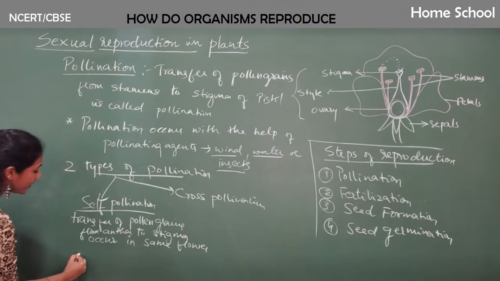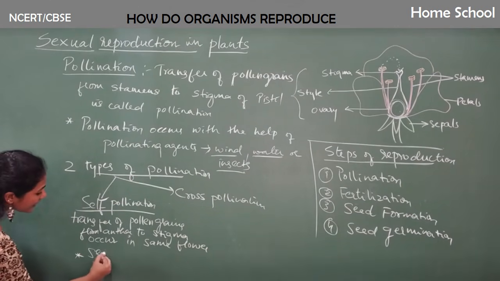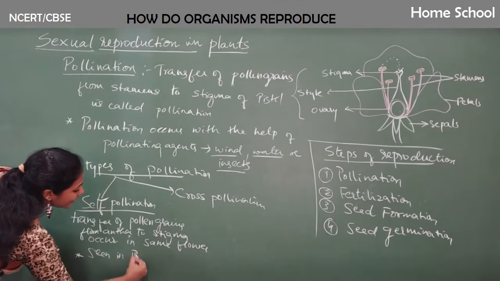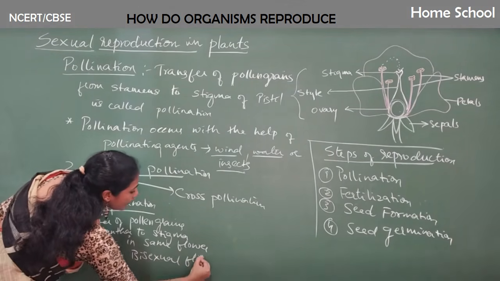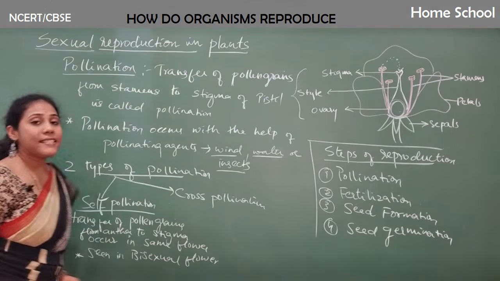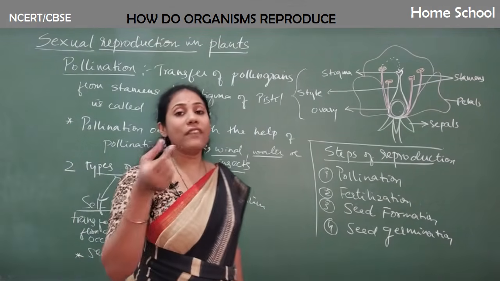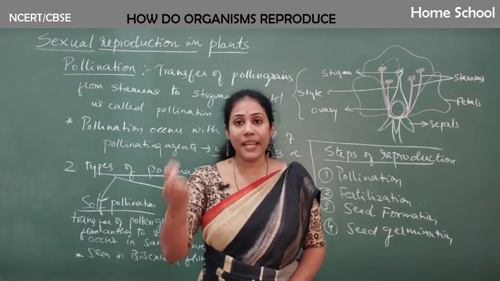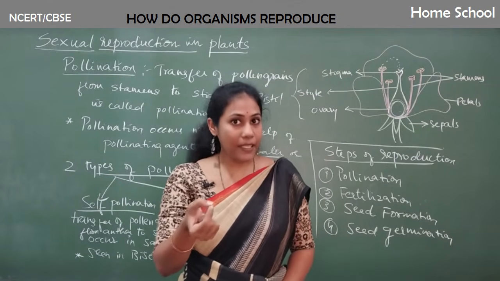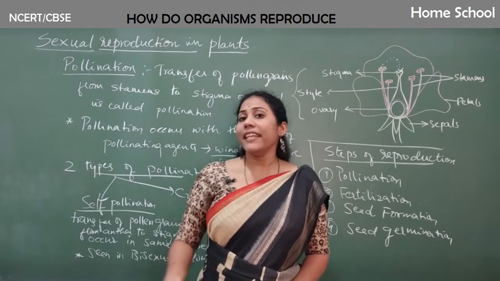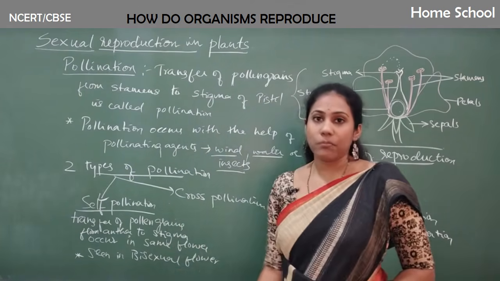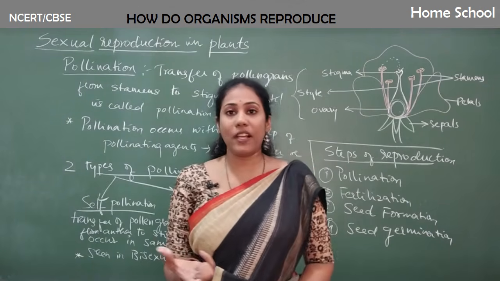Usually self-pollination is seen in a bisexual flower, isn't it? A bisexual flower is a flower where you find both stamens and the pistil in the same flower. So in such a flower you can see the pollination happening in the same flower.